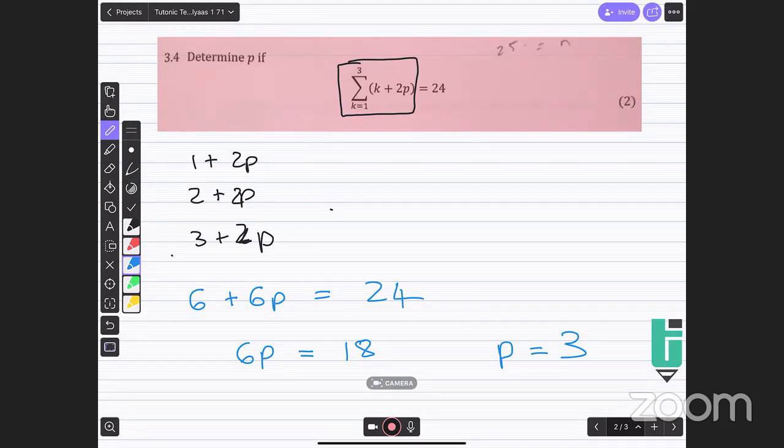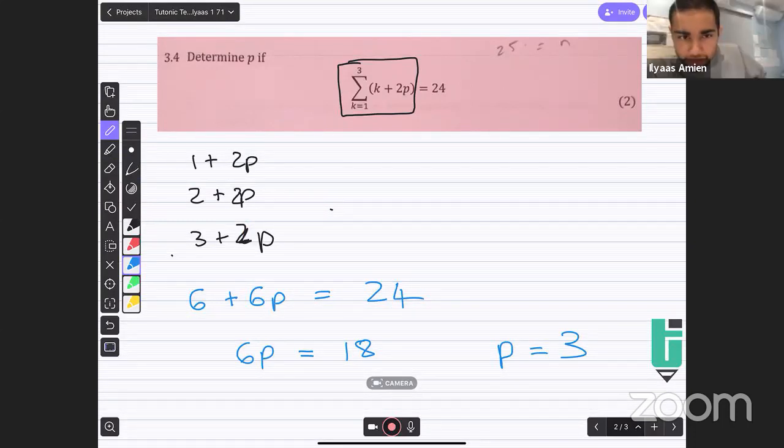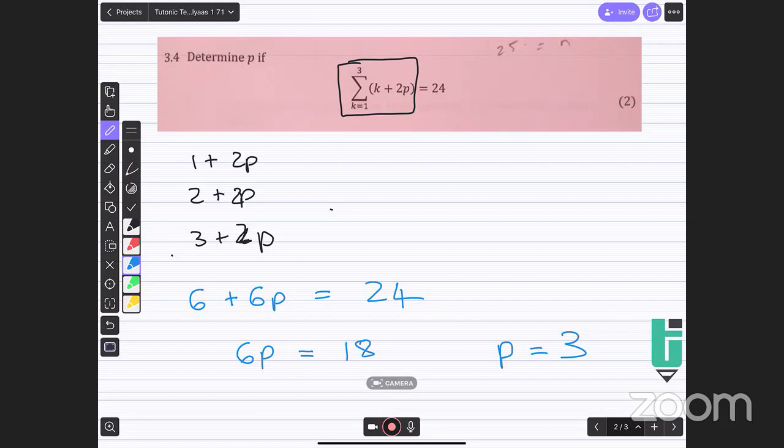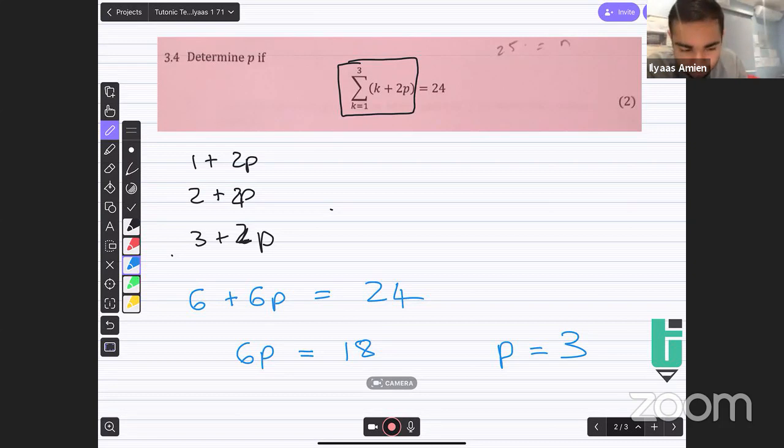Yeah. So can you just explain one more time when we are supposed to follow this? What do you mean when? Is it when they give you what the equation is equal to or something? I'm not sure if I follow what you're saying. I also don't know what I mean.